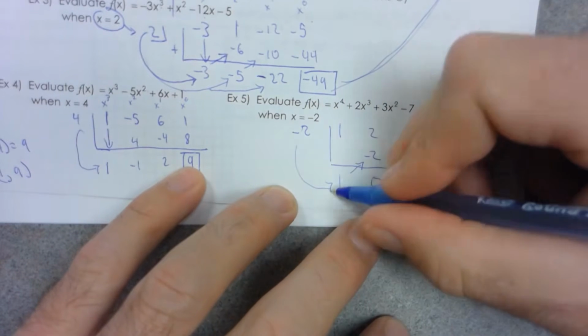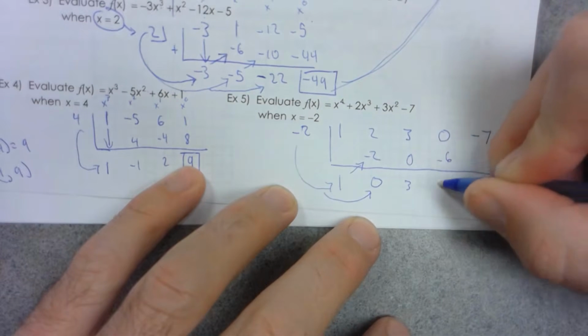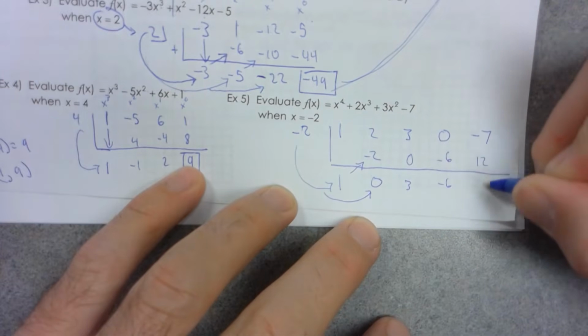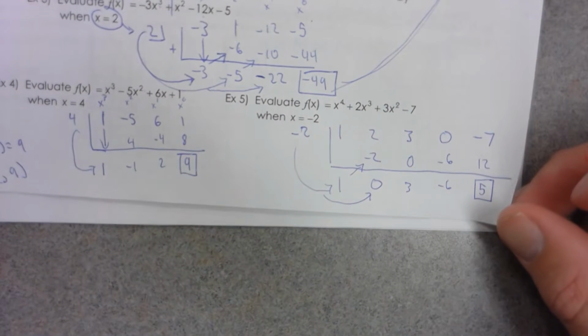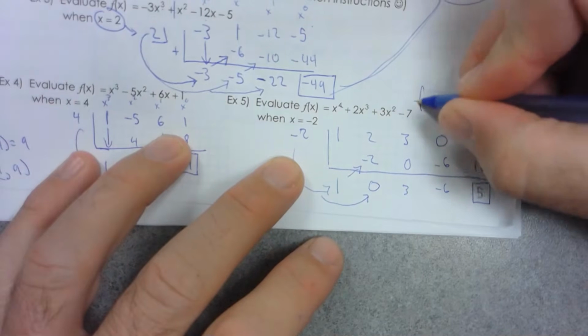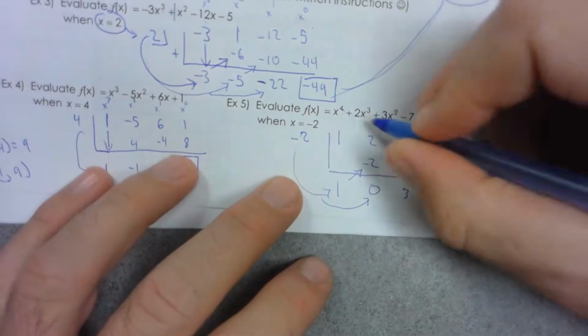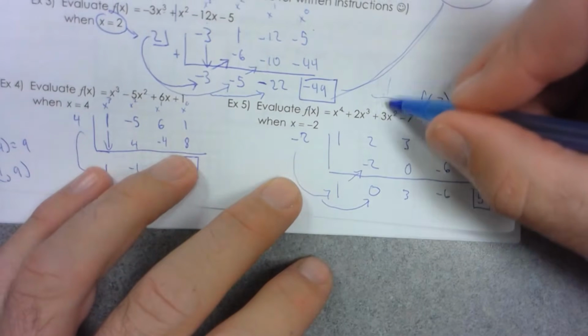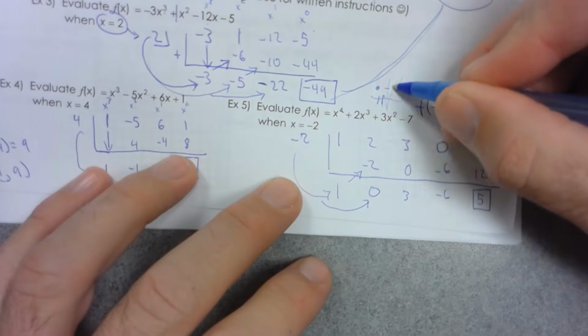Times negative 2 is 0. 3, negative 6, positive 12, 5. Notice it's a lot faster. That means when x is equal to negative 2, you get 5 as the total value. If you were to graph this thing, at negative 2 you'd have a dot at 5.